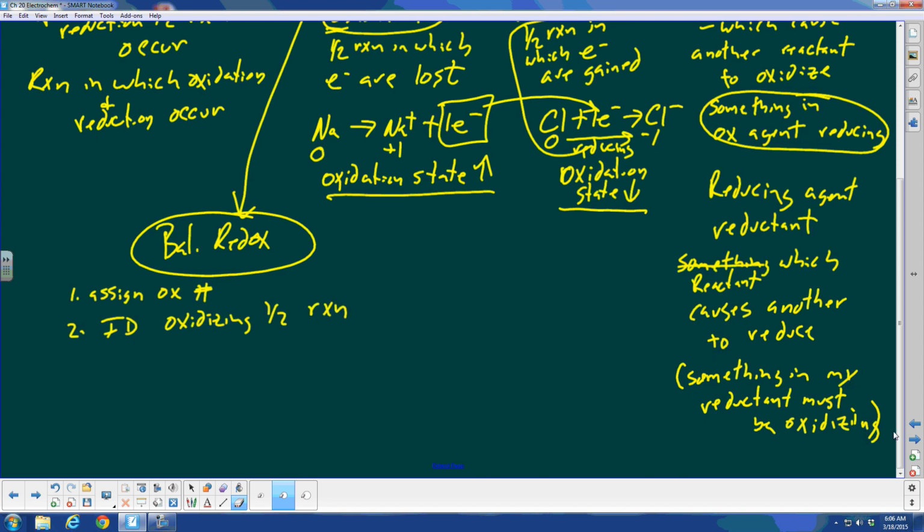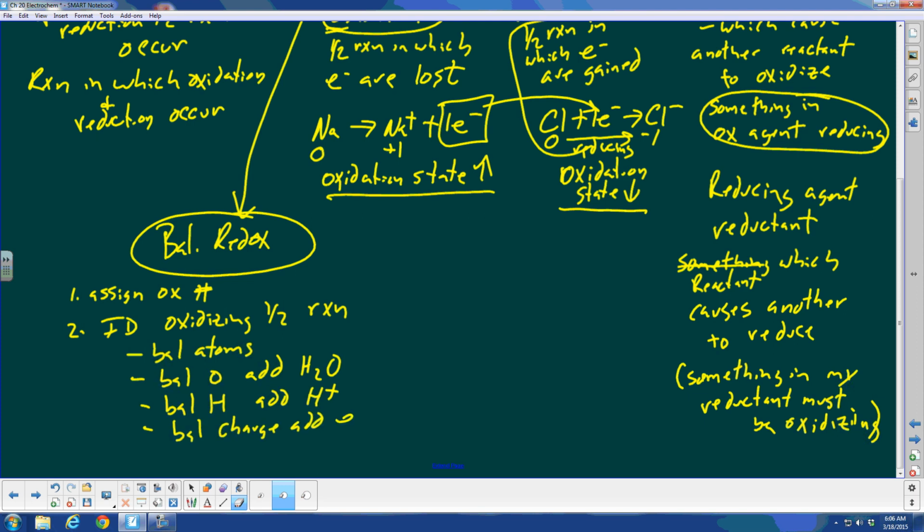And then for that, you're going to balance your atoms except for oxygen and hydrogen, and then balance your oxygen by adding H2O, and then balance your hydrogen by adding H+, and then balance charge by adding electrons.